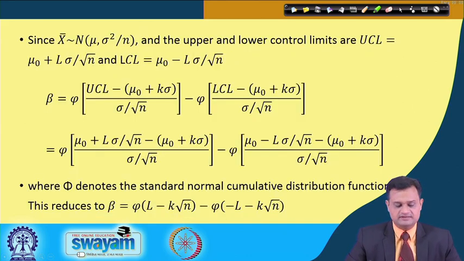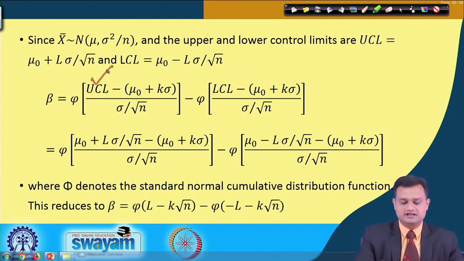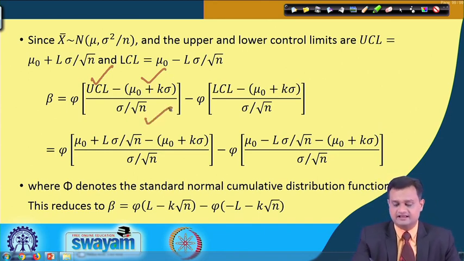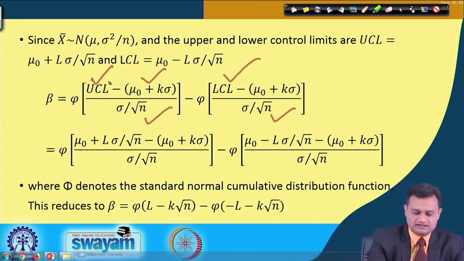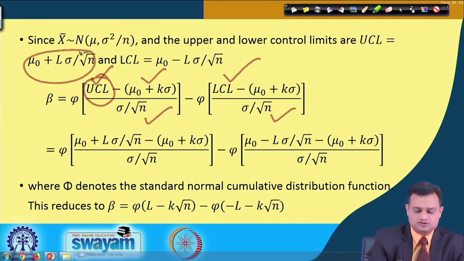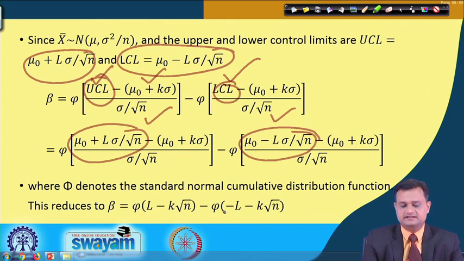So if you carefully observe, put them one to one: UCL minus mu O plus k sigma divided by sigma square root n, LCL minus mu O plus k sigma divided by sigma square root n. I can now replace the value of UCL by mu O plus L sigma divided by square root n, and LCL is this. I am putting this value here, and this is already there, this is the new mean.